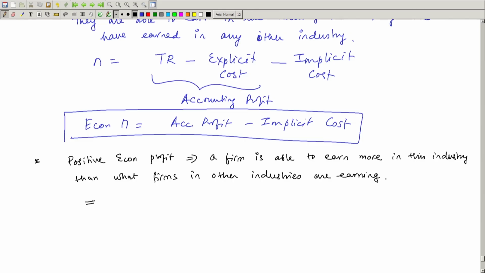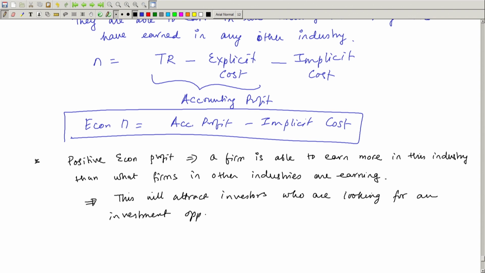Which implies that this will attract firms, if you prefer, it will attract investors who are looking for an investment opportunity to enter this industry.